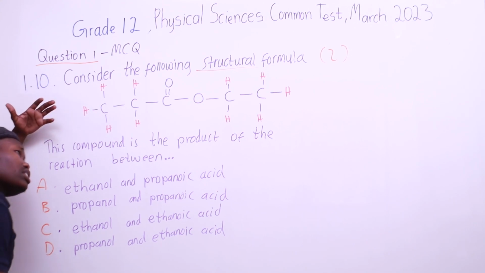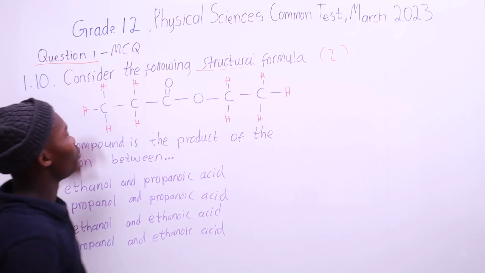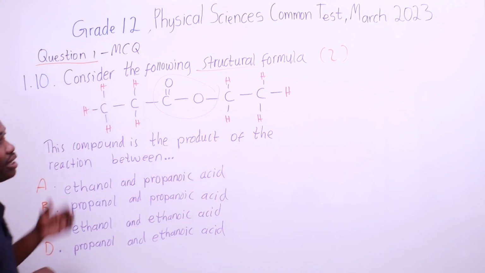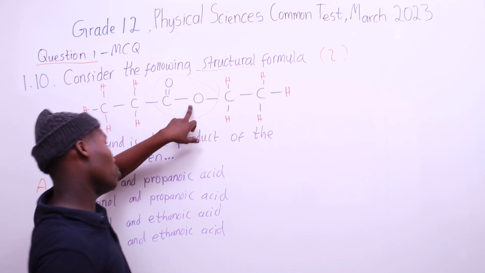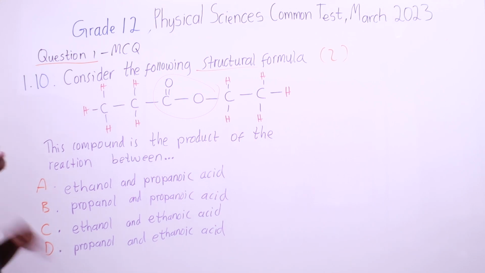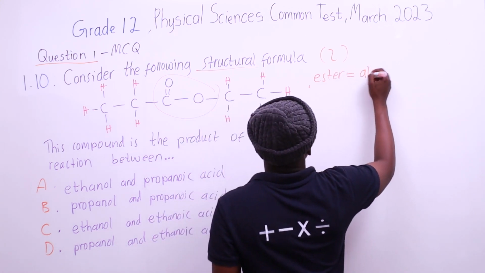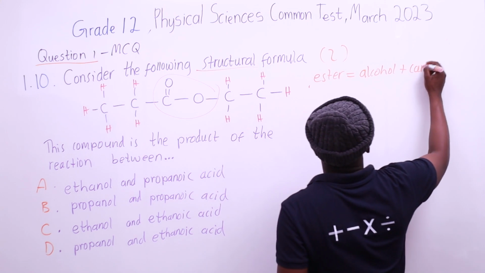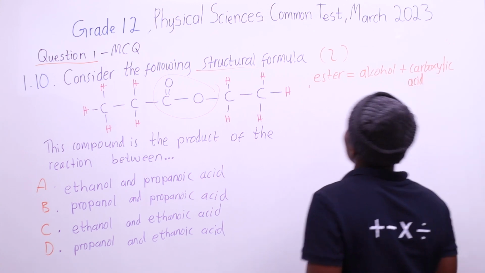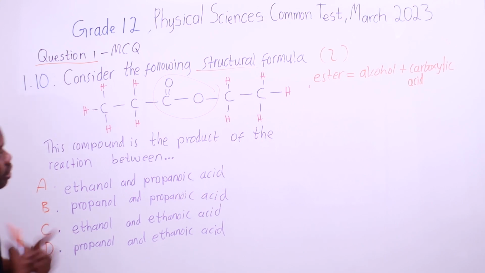In the structural formula, how we know it is an ester is that we see the functional group, the carbonyl bonded to an O in between carbons. We know an ester is formed from an alcohol plus a carboxylic acid. An ester comes from an alcohol and a carboxylic acid.